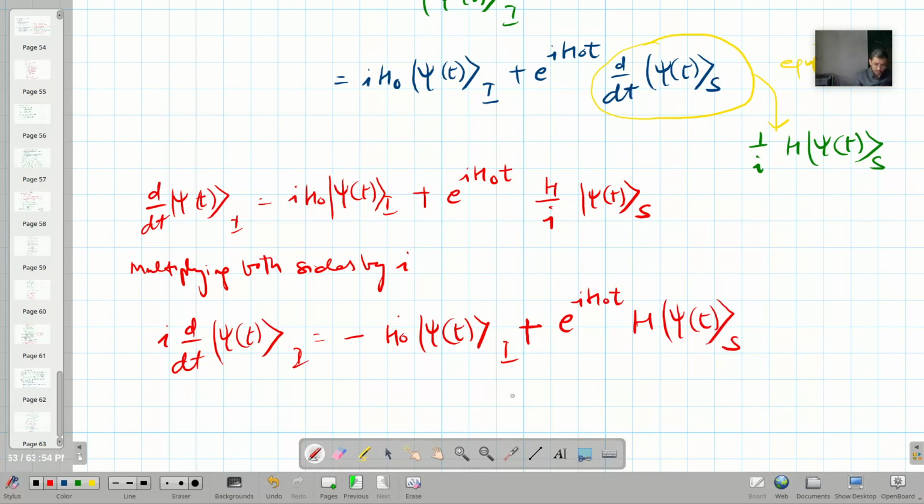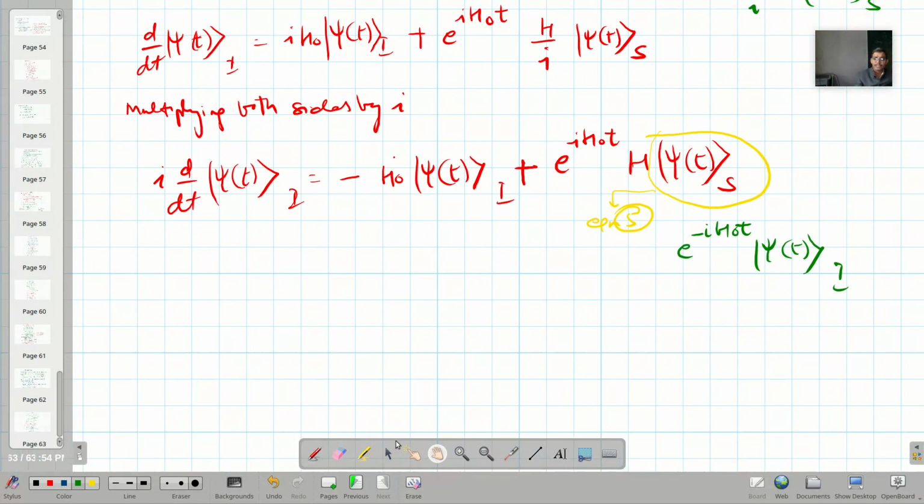But if I use equation number 5 over this part, according to equation number 5, this is equal to e raised to power minus iota h naught t psi t I.